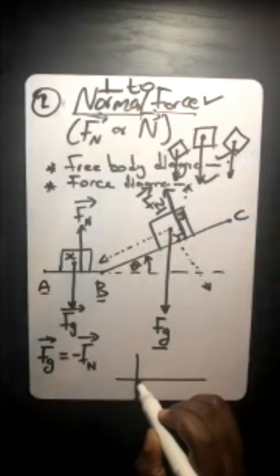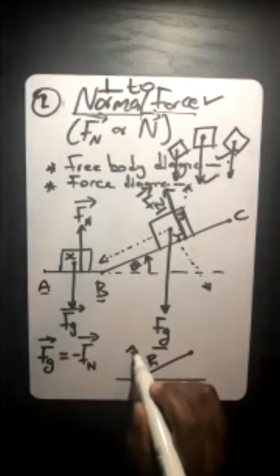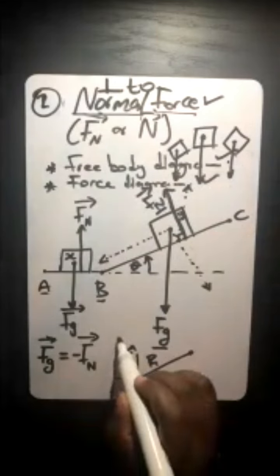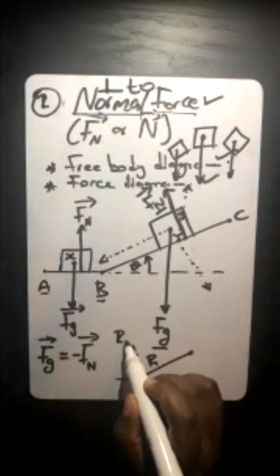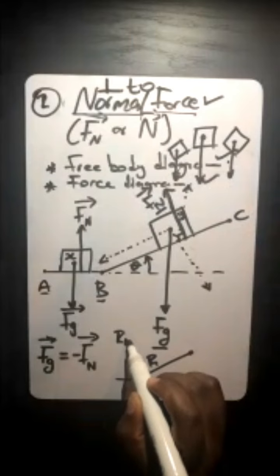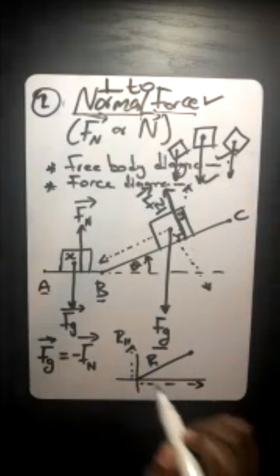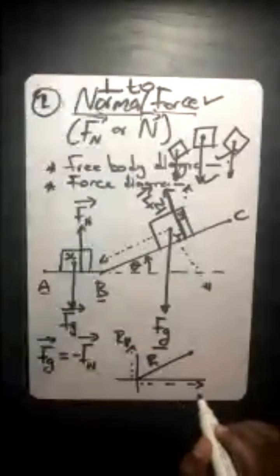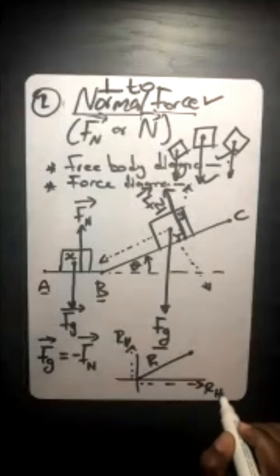Just like what I explained initially, on a graph we are going to have R. So this is now R, our R in this case is that one. This R is going to have two components, which is R vertical and R horizontal.